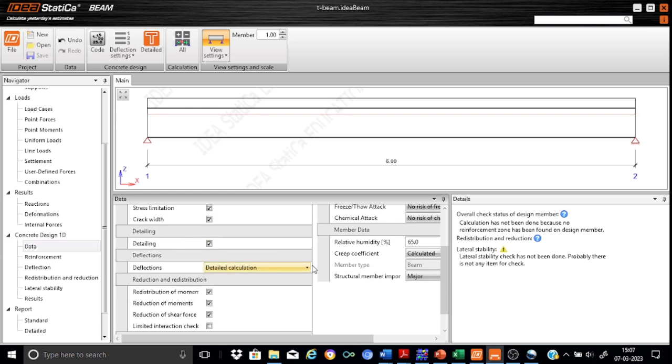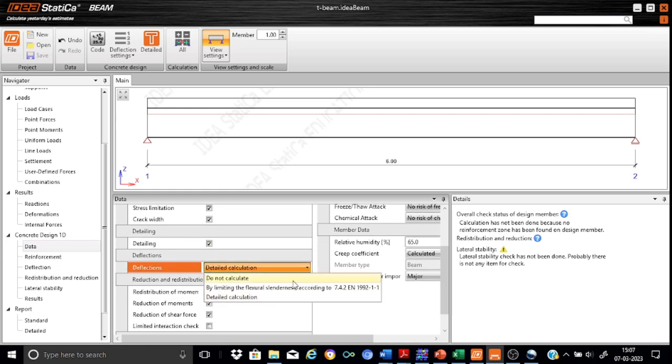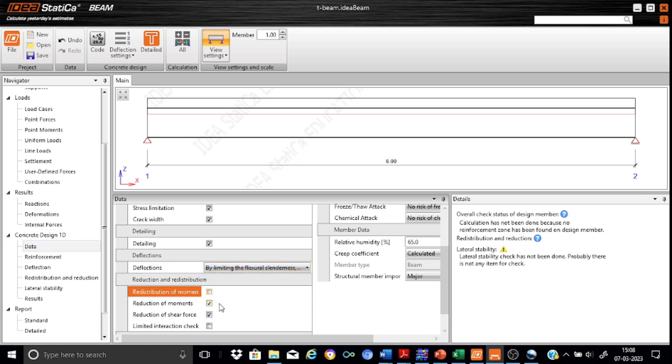I don't want the detailed calculations. I'm happy if it compares the L/d limits obtained from equation 7.4 of EC2. I'll select that. Then I don't want any redistribution of the moments, no reduction of the moments, but I will go ahead with the reduction of the shear force.